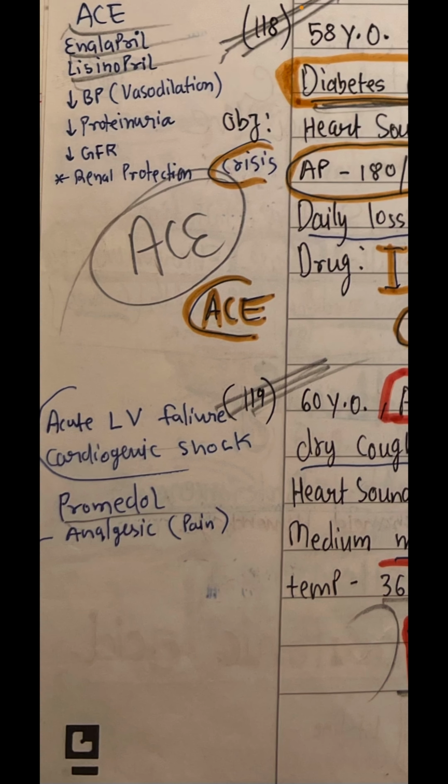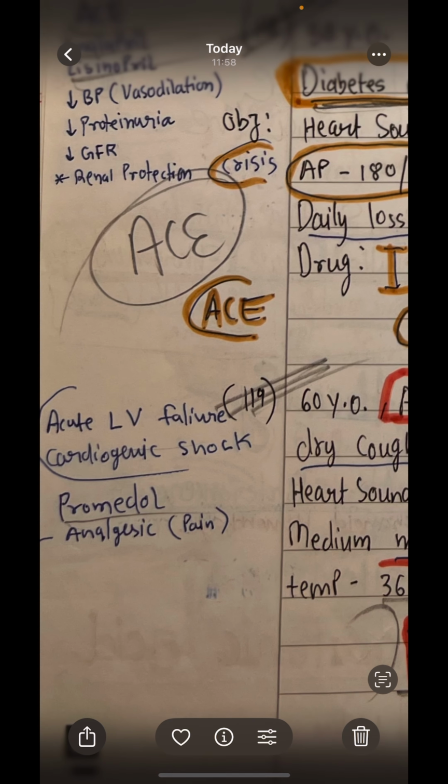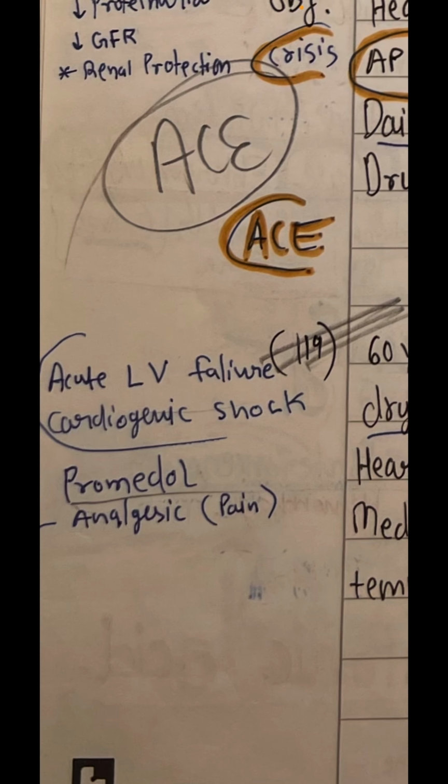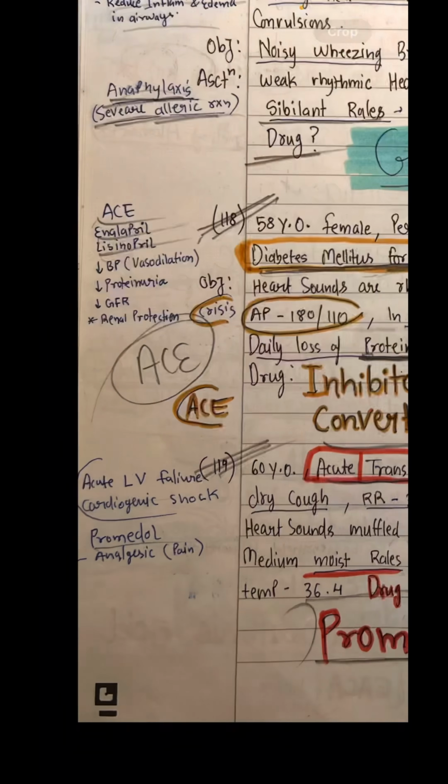So this is the case related to acute left ventricular failure associated with cardiogenic shock, since the moist trails are there in the lower part of the lungs, in the left as well as right. You know about the mnemonics of which edema will be there in which ventricular failure. I have told you about this. So promedol is the best analgesic here, for the pain management.